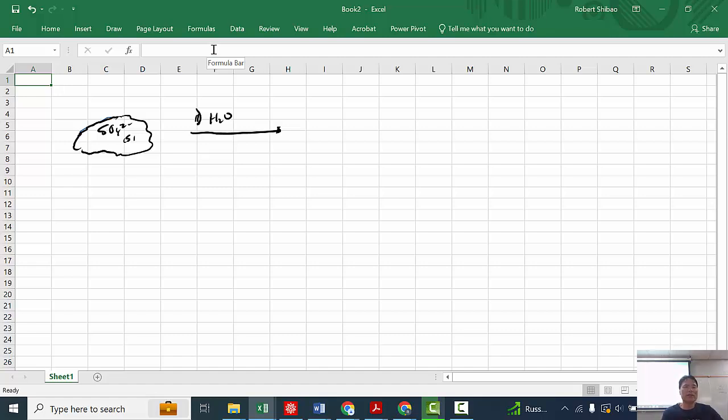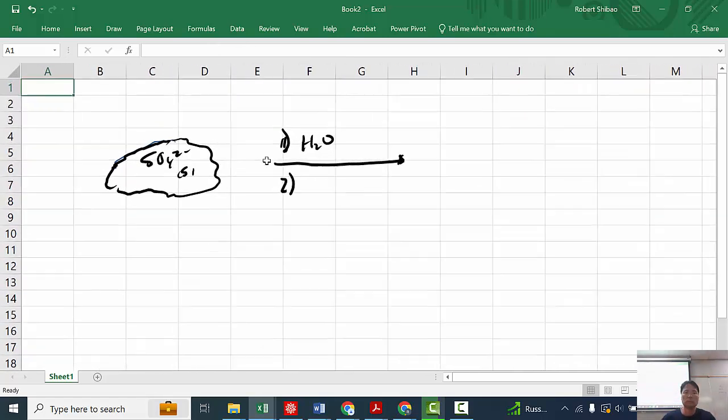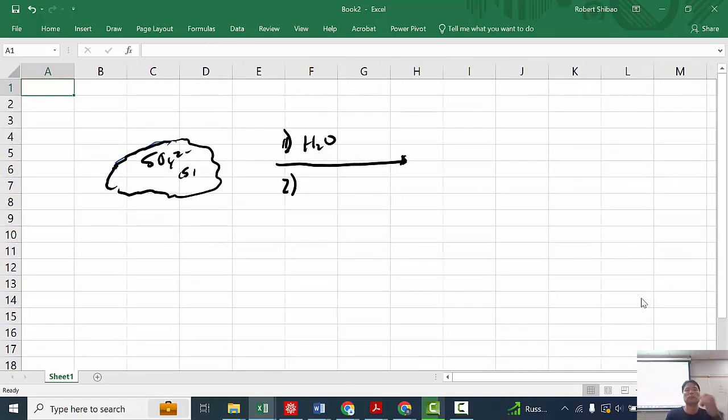And so what would you try next? Let's say I tried water, it doesn't dissolve completely, or maybe it doesn't dissolve at all. What could you try next after water? You could try hot water. Some things dissolve easier in hot water than in room temperature water.